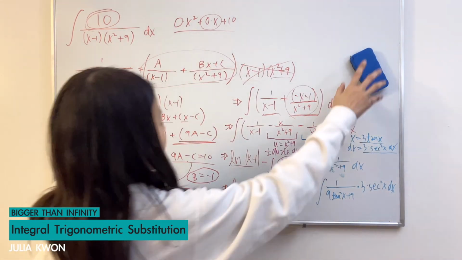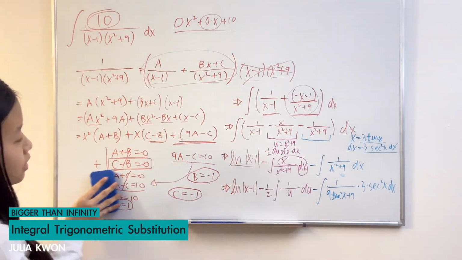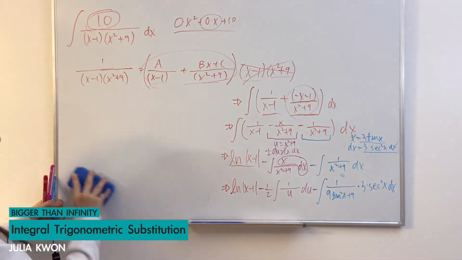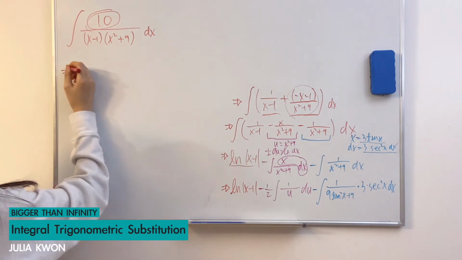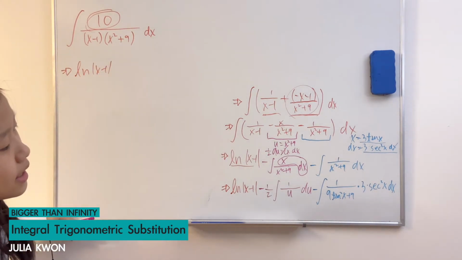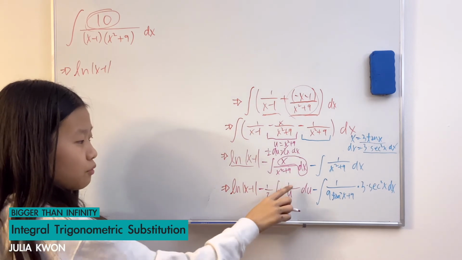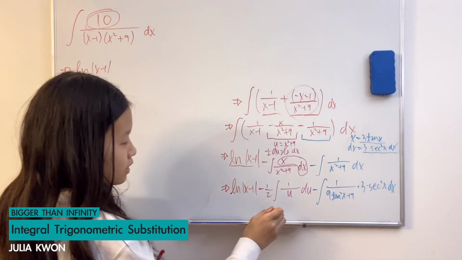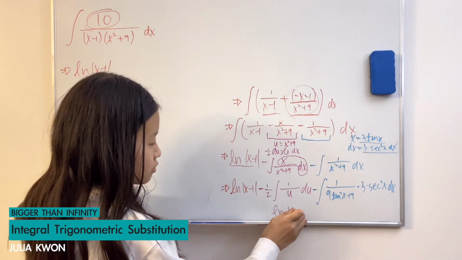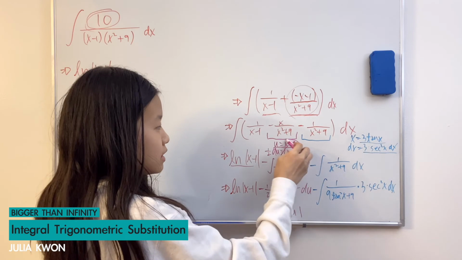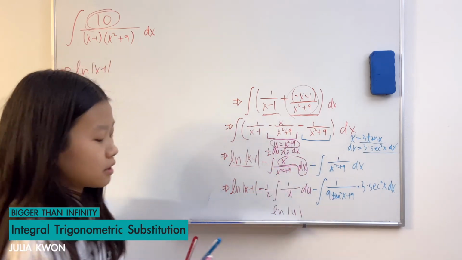I no longer have space, so I'll erase some of this part. So we have ln absolute value of x minus 1, and if we take the integral of 1 over u, that will get us ln absolute value of u, but we're going to substitute the u back in, which is x squared plus 9.